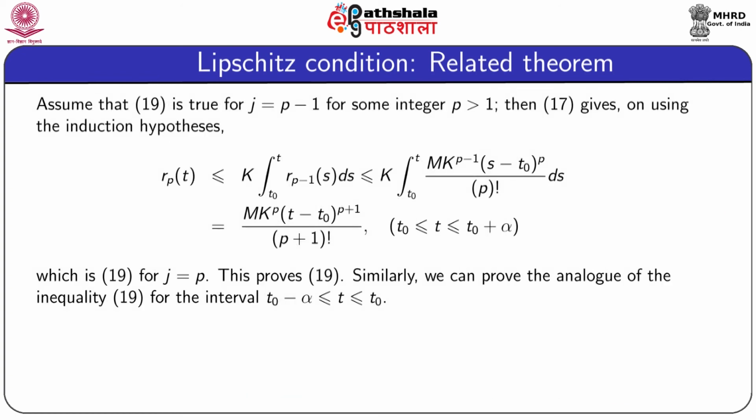Assume that 19 is true for j equal to p minus 1 for some integer p greater than 1.